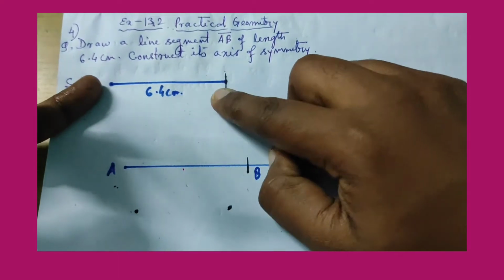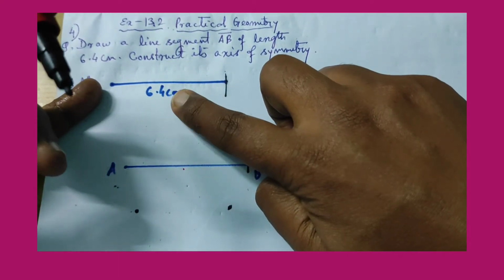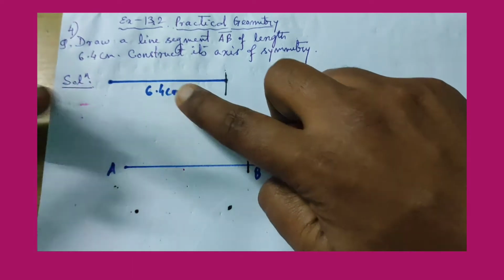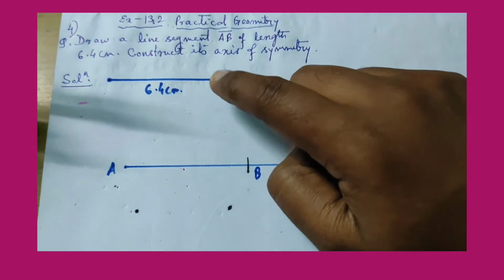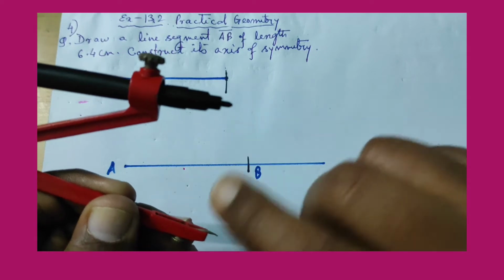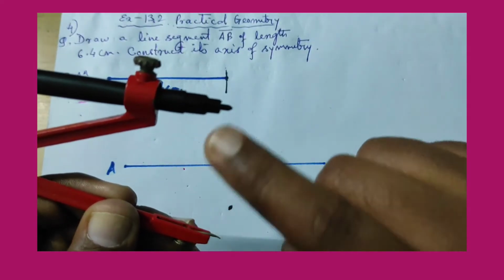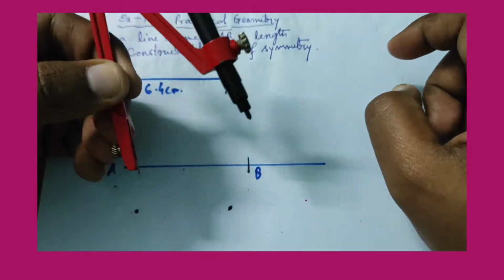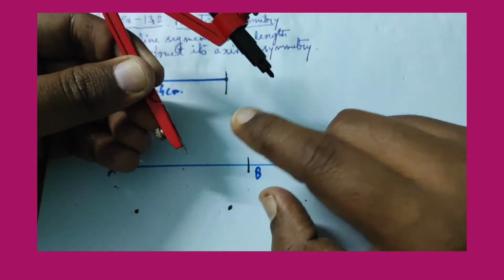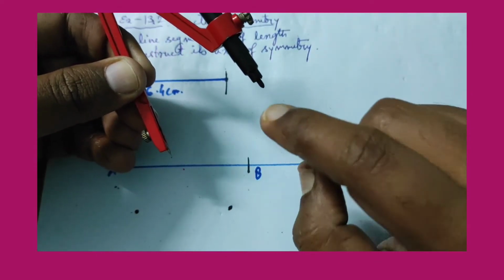Here the line segment is 6.4 cm, and half of 6.4 is 3.2, and whatever radius we have taken in this compass, we can see that it is bigger than 3.2 cm.